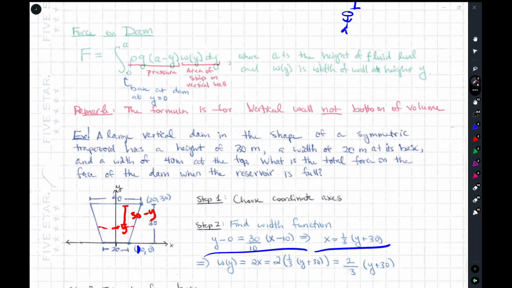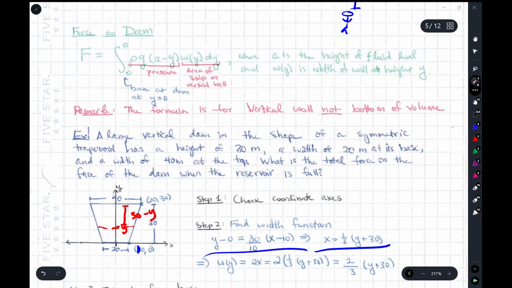And the pressure is the same in all directions. So once you're at a particular depth, anywhere around that depth right behind the wall is going to experience the same amount of pressure, and it's going to apply that pressure on the vertical wall. This is a vertical wall.